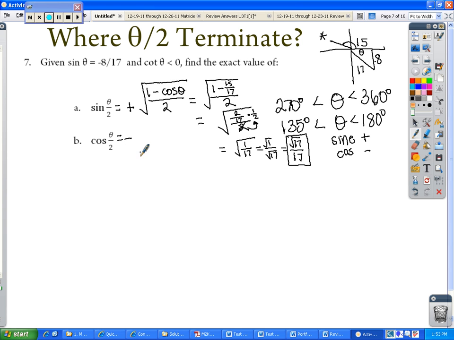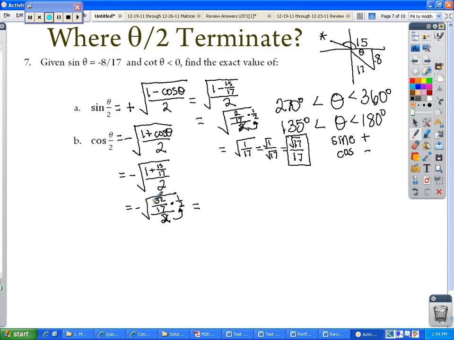Now I'm going to do cosine. My formula for cosine is 1 plus the cosine of the angle. Everything is going to be the same, except I'm going to do 1 plus. So I'm left with negative square root of 17/17 plus 15/17, and 17 plus 15 is 32. So that's negative root of 32/17 divided by 2. Dividing by 2 is the same as multiplying by 1/2.